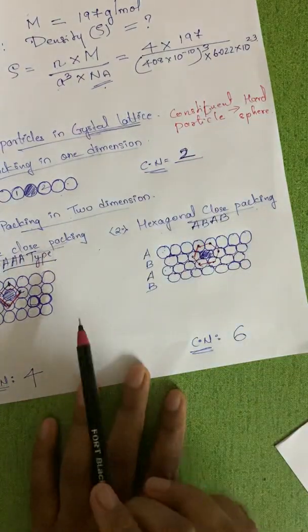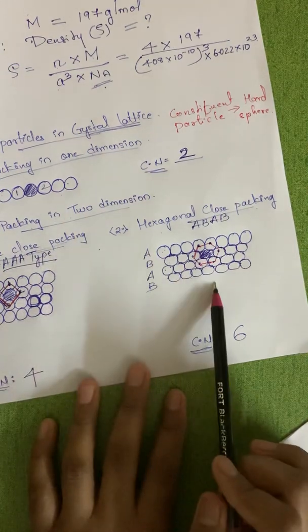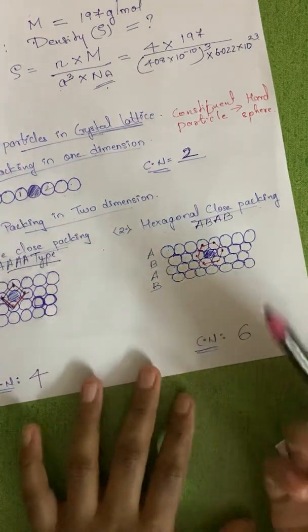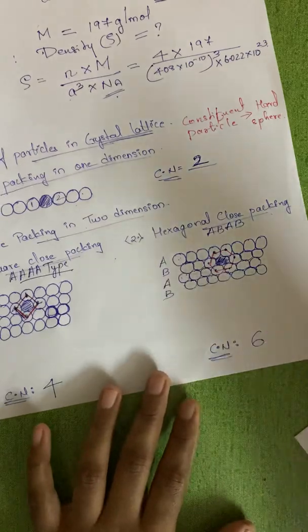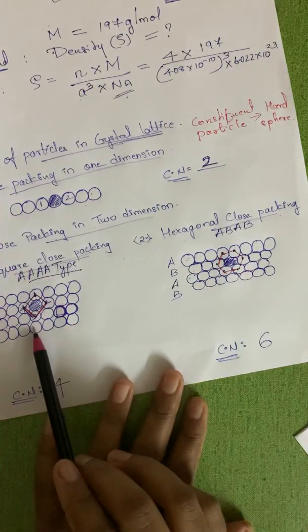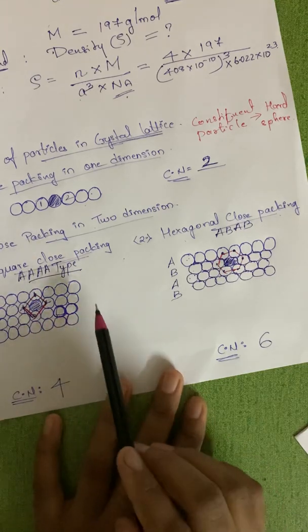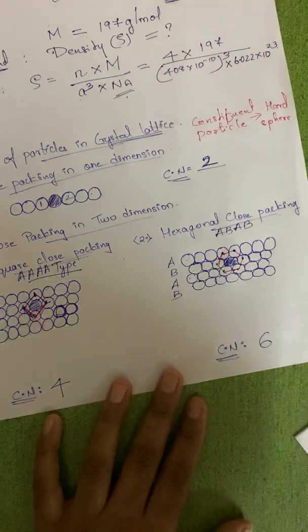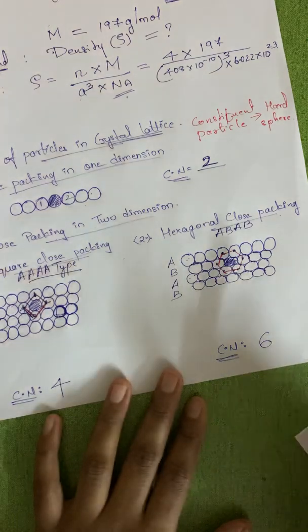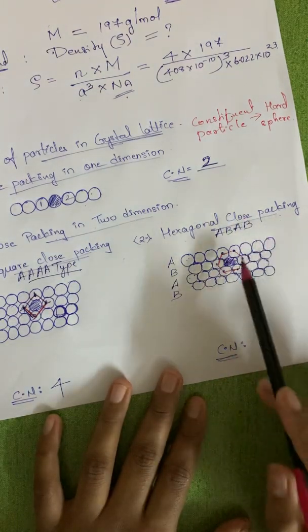Now please understand, if we compare these two structures, which is nicely packed, the one having lesser space between the spheres shows more packing efficiency, and that is the hexagonal close packed structure.